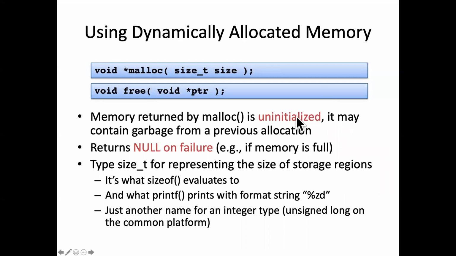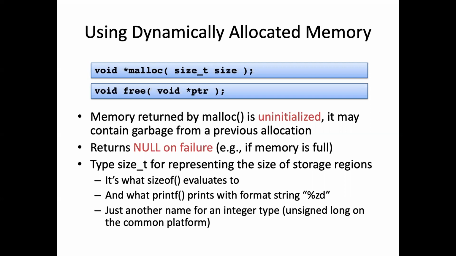This is important to remember. Just like stack memory, heap memory, you should treat it as if it's uninitialized. When you allocate space on the heap, it could contain garbage. The reason is the same as with stack memory. As your program runs, the standard library reuses the same memory over and over again for dynamically allocated storage.